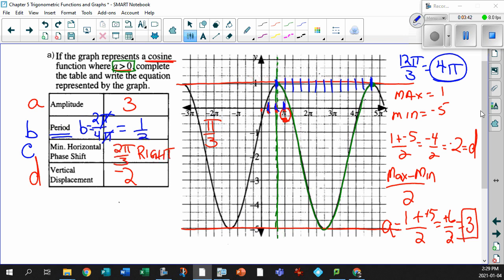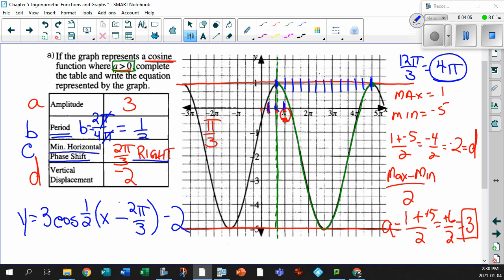Okay, so let's draw it. If you draw this now, you have y equals an amplitude of 3, cosine, B value is 1/2, x minus, oh, horizontal phase shift is right, so it's minus 2 pi over 3. Beautiful.